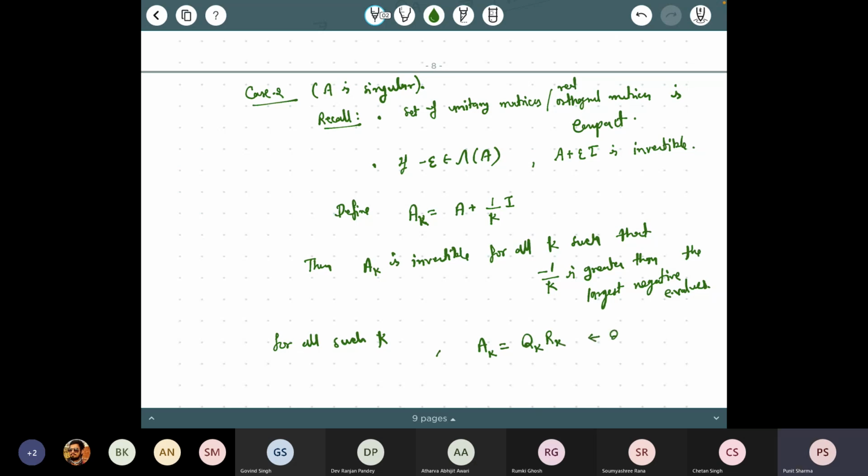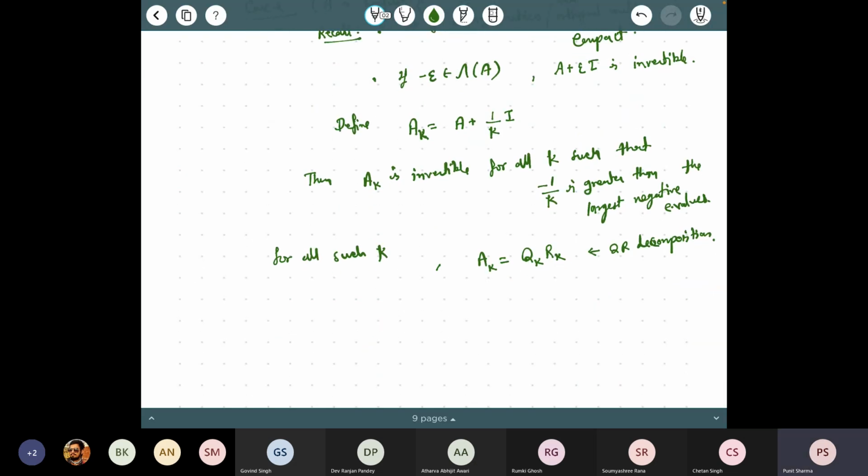This is a QR decomposition from case 1, because case 1 we have proved, so we can use it. So basically we have a sequence QK of unitary matrices in the case of complex numbers, and a sequence of real orthogonal matrices in case of the real field.